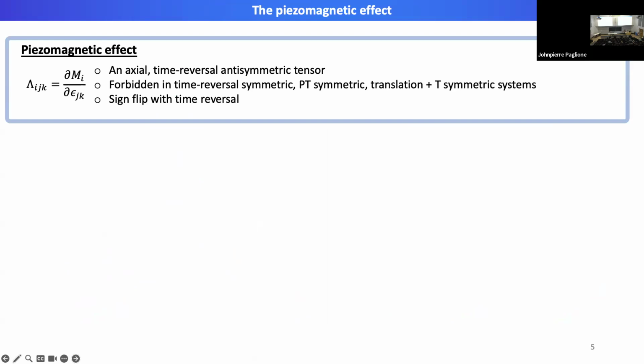So in the most narrow sense, the linear piezomagnetic effect can be defined as a sort of susceptibility of the magnetization with respect to the stress or strain of the system.